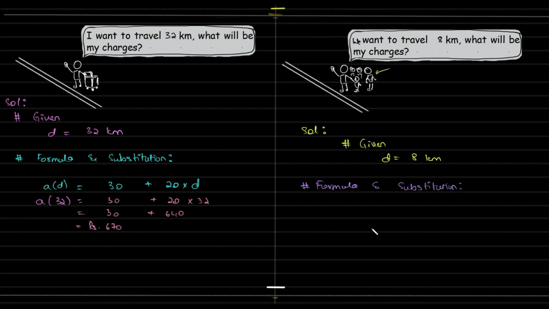So the formula being E of d is equal to 30 plus 20 into d, and in place of d I'm going to write 8. So this is nothing but 30 plus 20 into 8. As per BODMAS, multiplication first: 160, and the sum is 190.